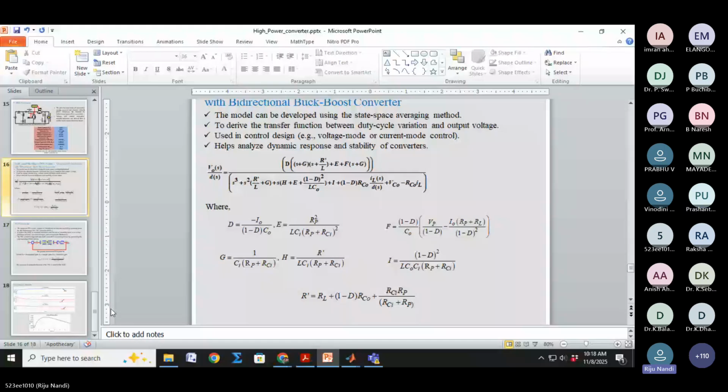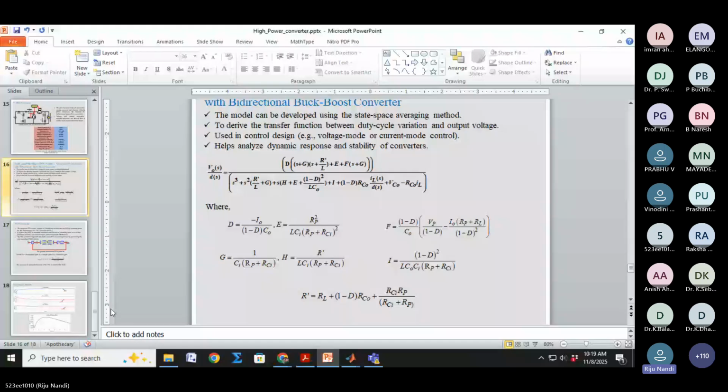You can derive it with pen and paper also. If you know the circuit averaging technique or the small signal model technique, you can do it for any converter. It just takes some time for the mathematical part.